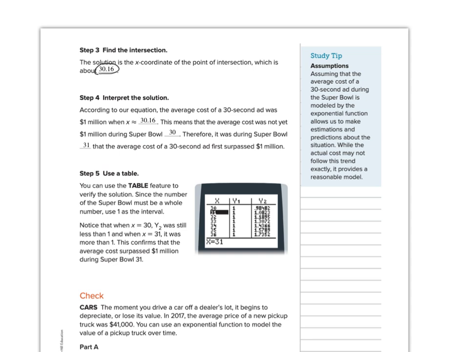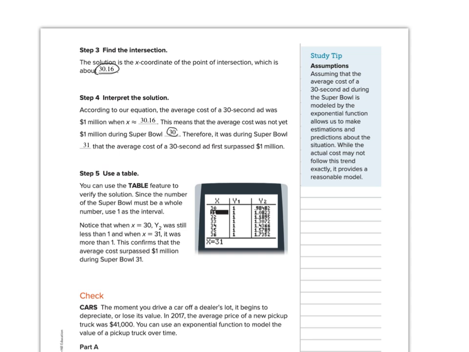Okay, so they calculated the intersection. And what I will show you is if we did that related function, both answers will give us about 30.16. So on average, in 31 years, the average cost of a 30-second ad first surpassed $1 million.